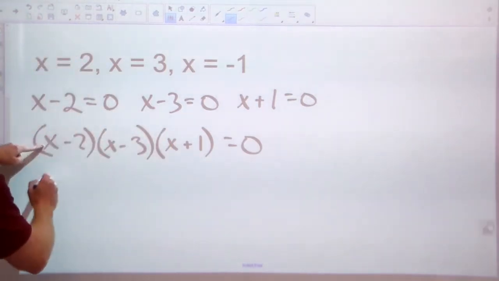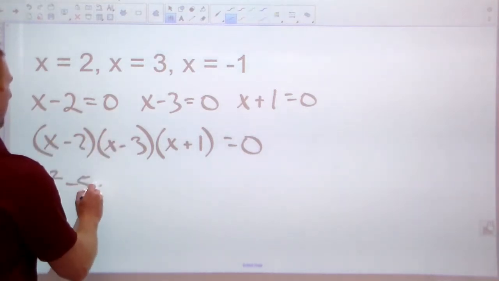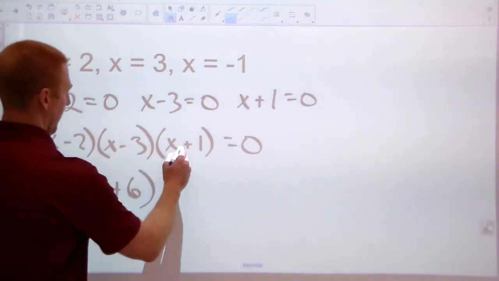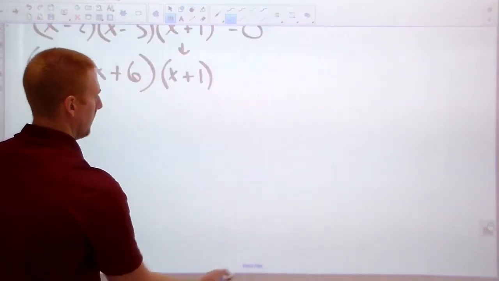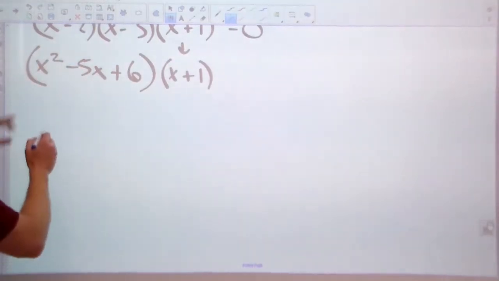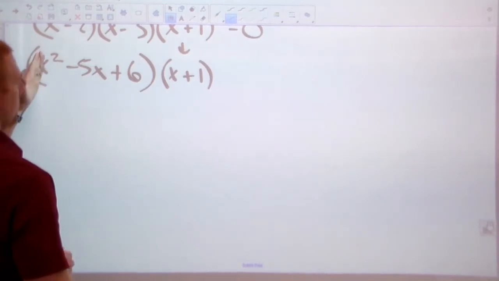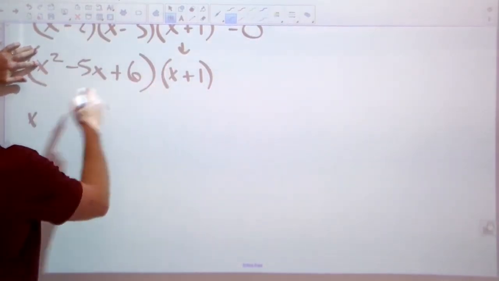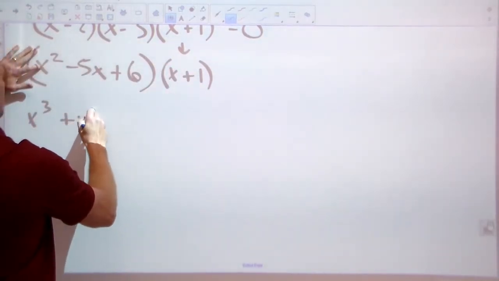So let's see, this would be x squared minus 2x minus 3x plus 6, which is x squared minus 5x plus 6. And I'm just going to bring this term down. Multiply by x plus 1. So let's see if we can make this kind of methodical. It's really the distributive property. So x squared times both terms. X squared times x is x cubed. X squared times 1 is x squared.